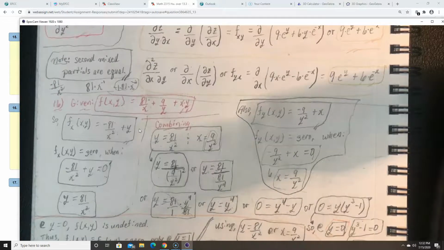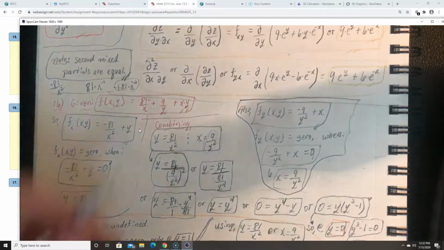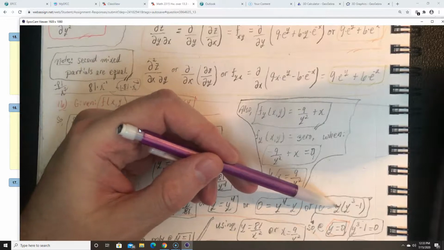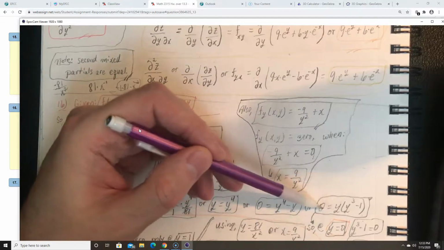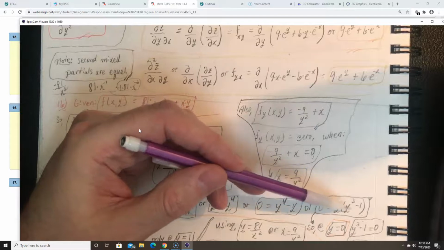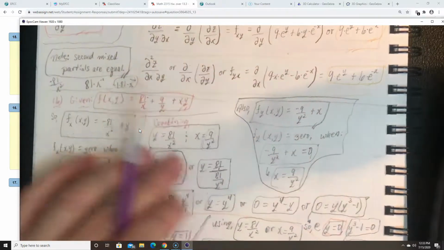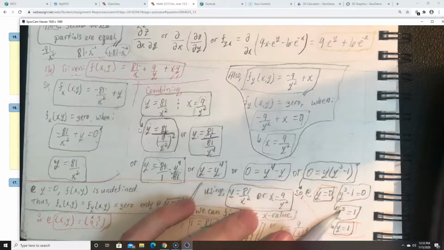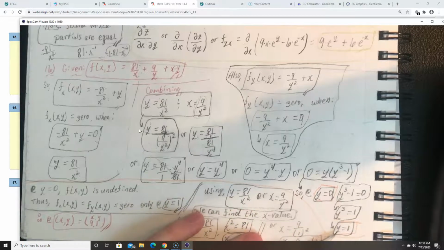Factor out a y here. We get 0 equals y times what's left, y cubed minus 1. Set this multiplied factor equal to 0, and you get y equals 0. Set this factor, y cubed minus 1, equal to 0. Solve for that. Move over the negative 1, you get y cubed equals 1. Take the cube root of both sides, you get y equals 1.